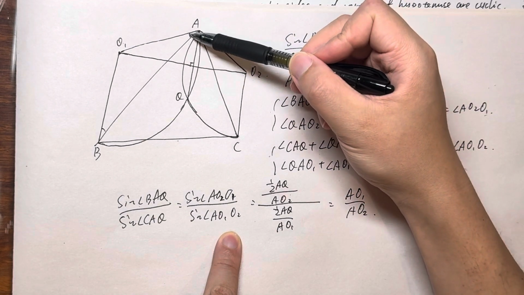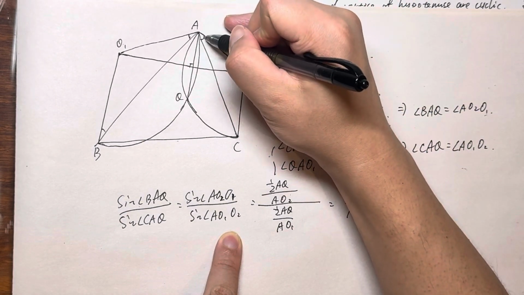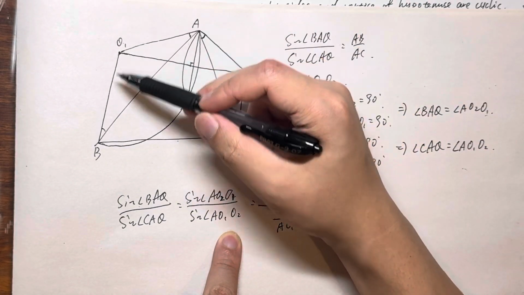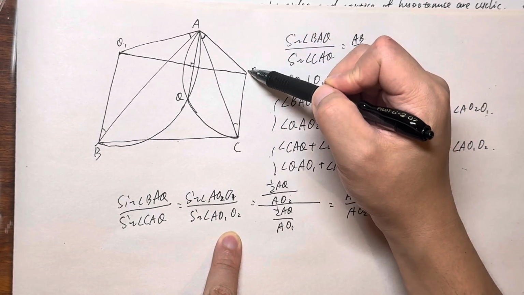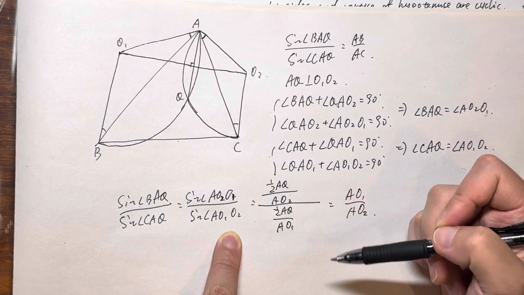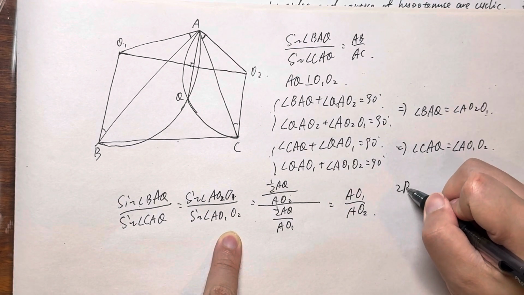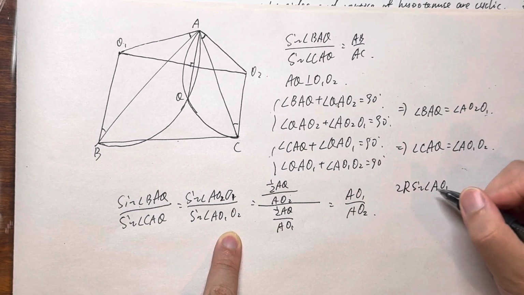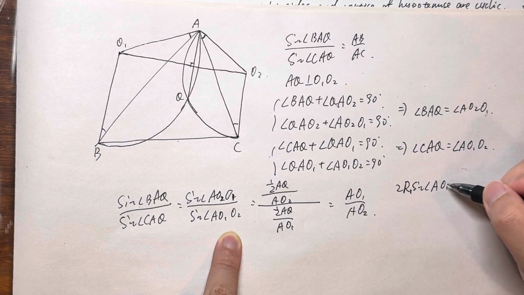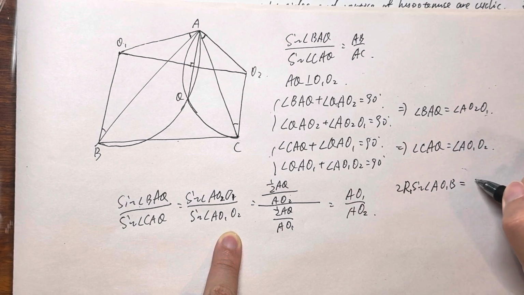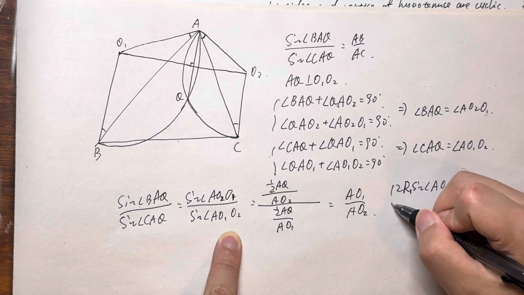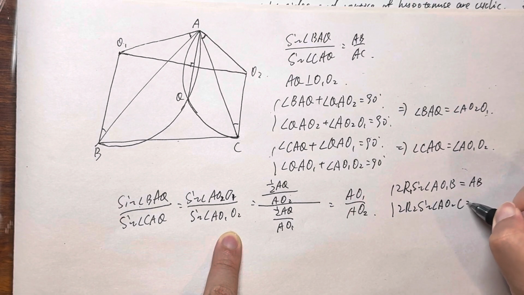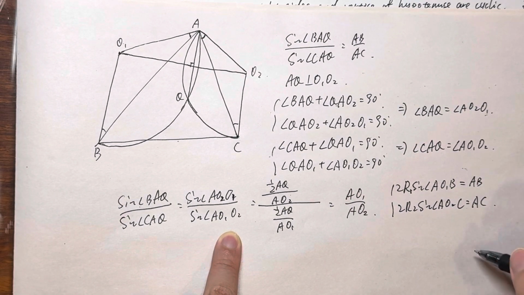And notice that this angle equals this angle equals this one equals this one, which means angle AO1B equals angle AO2C. So 2R1 sine angle AO1B equals AB, and 2R2 sine angle AO2C equals AC.